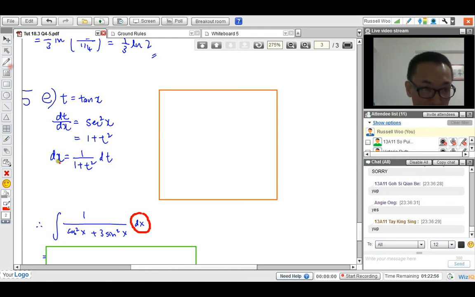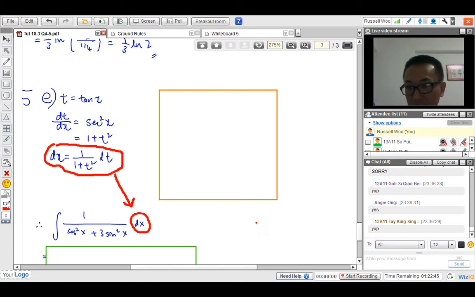So now I can immediately change this dx here. Follow? That's the whole idea, because I can't leave this thing as secant square x. Then you have x and t together, which doesn't solve the problem. Fine.